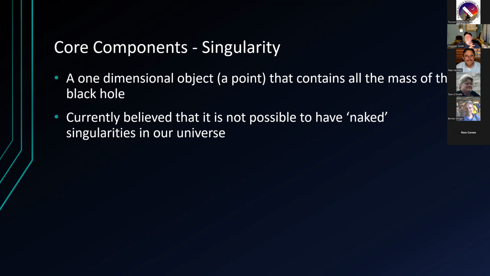And we currently believe that all singularities of a black hole will have an event horizon. I won't really get into some of this, as that portion gets into some deep physics. But a naked singularity is essentially a singularity that does not have a black hole. And we think that the fundamental properties of our own universe prohibit a naked singularity. So we will always have an event horizon associated with a black hole, to our knowledge.